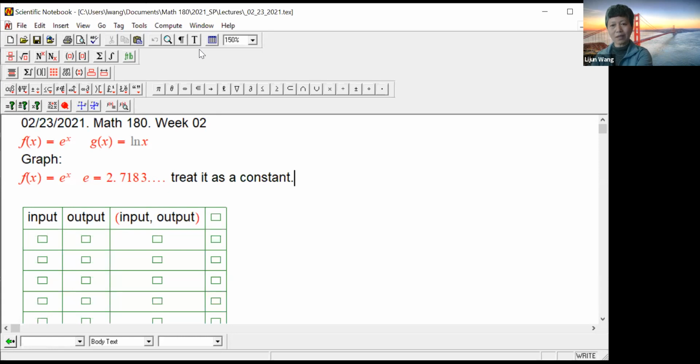So e is treated as a constant. And sometimes you might need to use this fact: 2 is less than e, and e is less than 3. So e is a number between 2 and 3. You actually don't need to know its actual value unless you do calculation. In calculus class, you're going to learn different forms of expressing e. e is very, very useful.